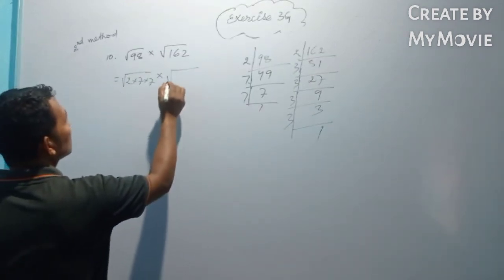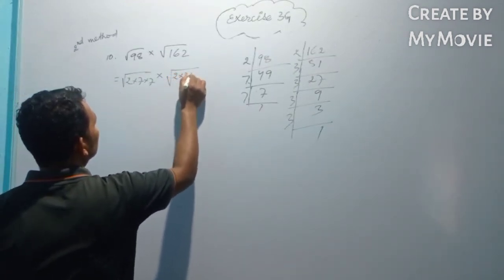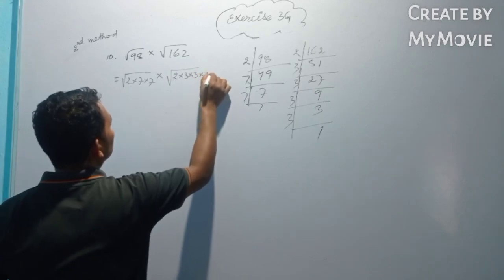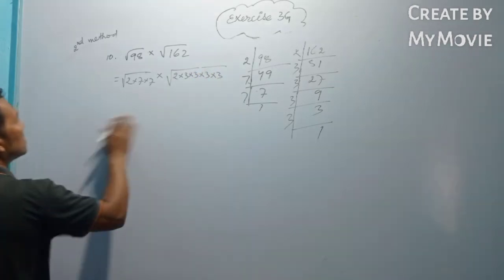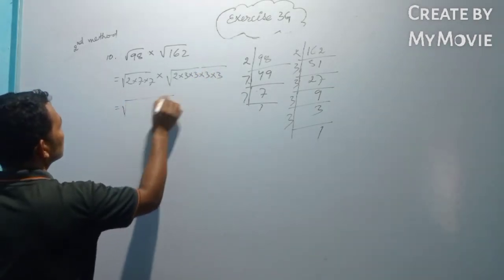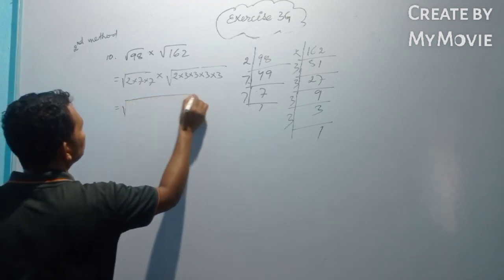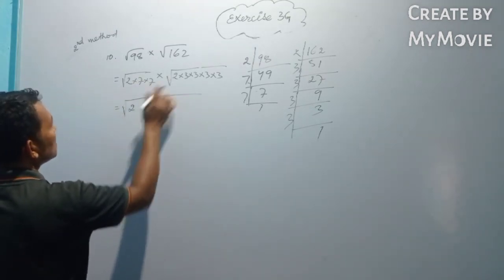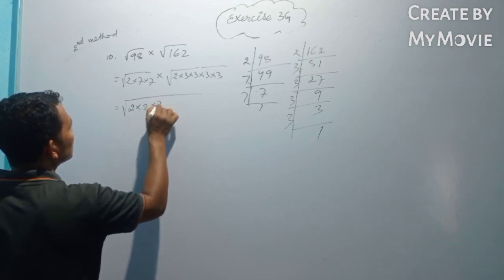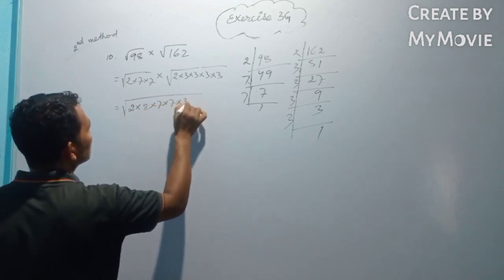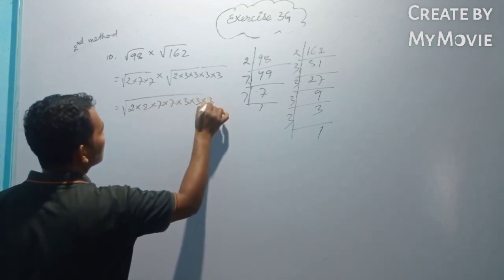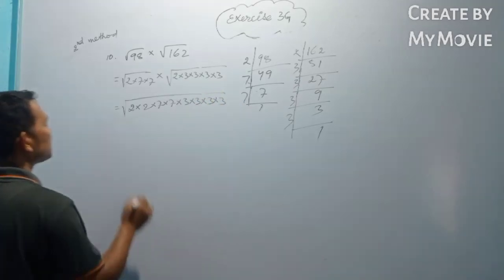So this will be equal to 2 into 3 into 3 into 3 into 3. Okay, so this is equal to square root of 2 into 2 into 7 into 7 into 3 into 3 into 3 into 3.